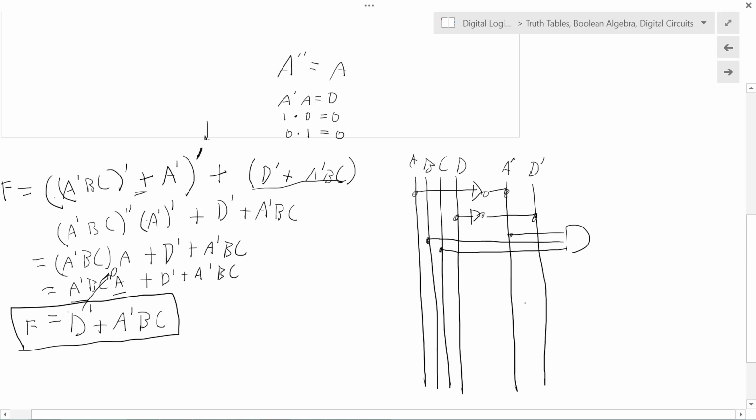We could also create a gate for D prime as well. That would be another AND gate term, but D prime is not ANDed with anything, so we can route that directly to an OR gate.